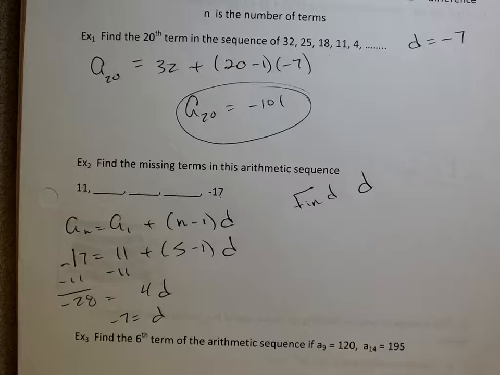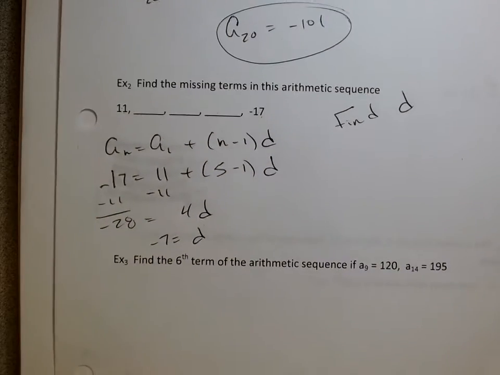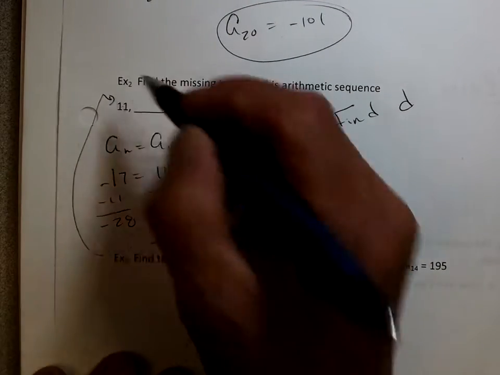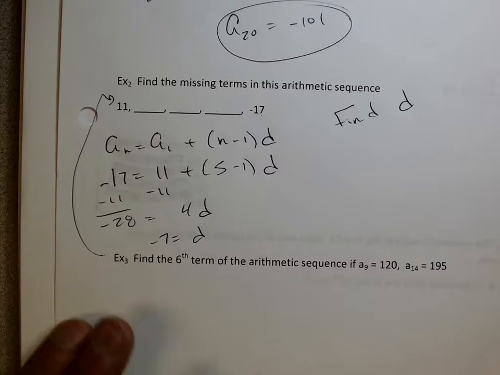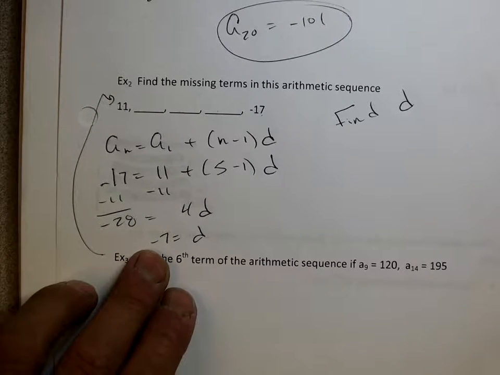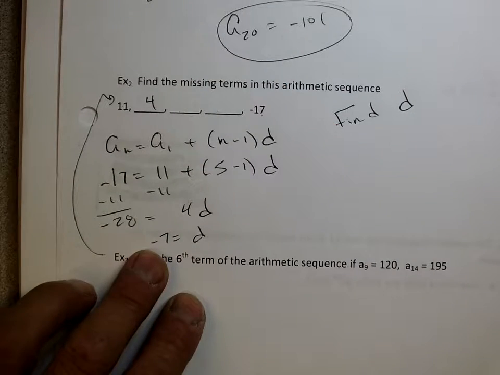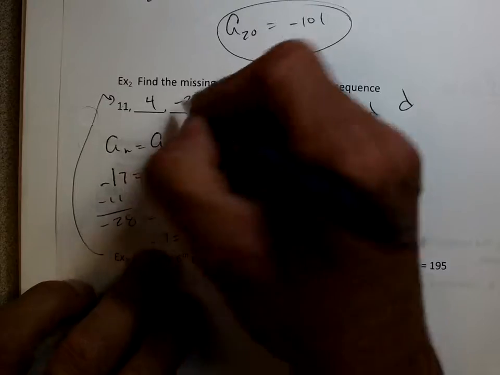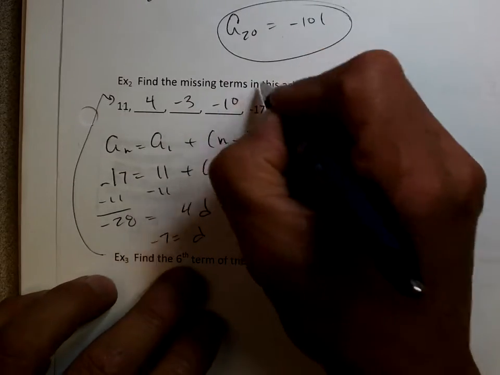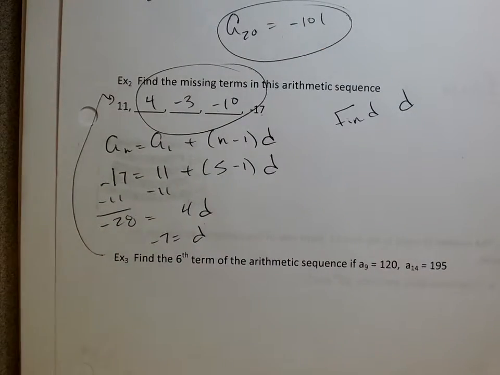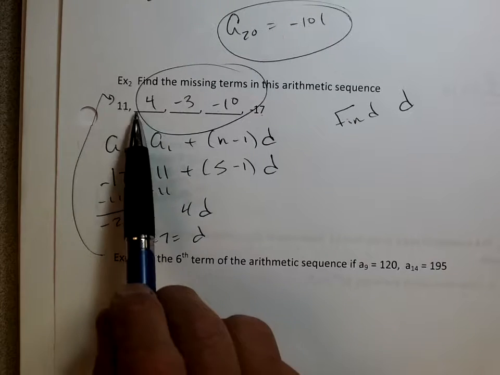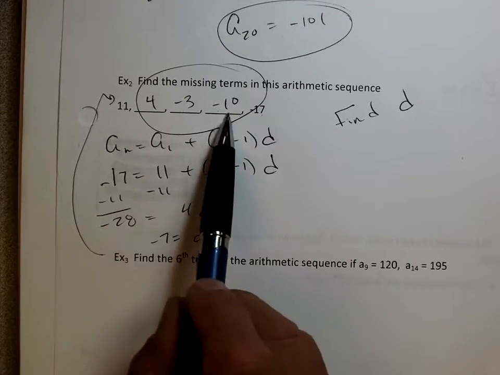So now what I can do is go back up and make the next terms, because I'm just going to subtract 7. So I'll go 11 minus 7, and I get 4. Minus 7, I'm going to get -3. Minus 7, I get -10, and there it is. I found the missing terms. But I had to find D. I had to find the difference between the terms to create the next term.